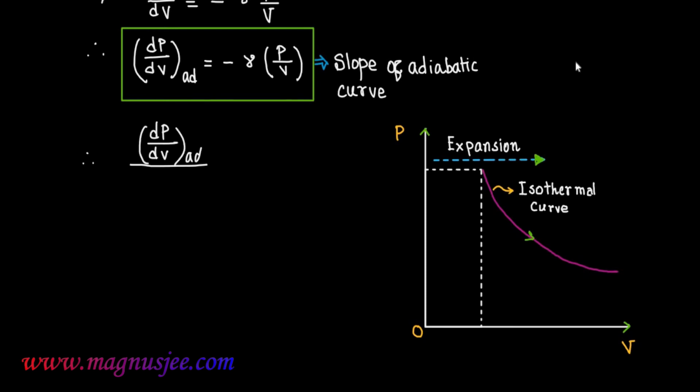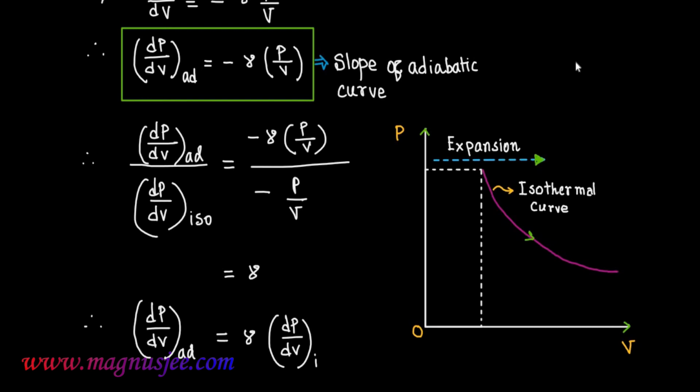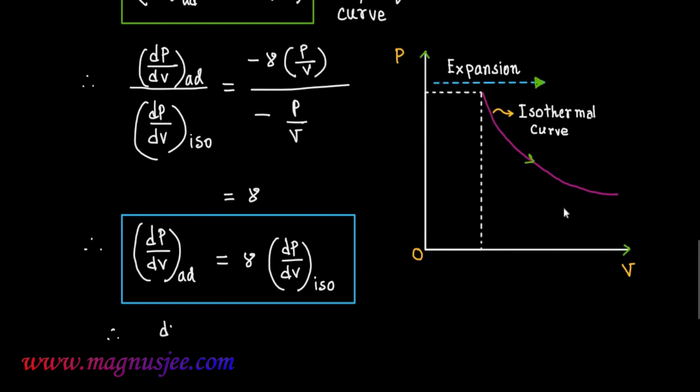Therefore (dP/dV) ad divided by (dP/dV) iso equals minus gamma P by V divided by minus P by V, which equals gamma. Therefore (dP/dV) ad equals gamma times (dP/dV) iso.